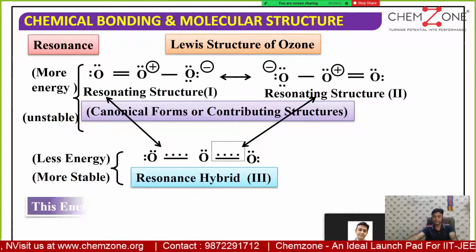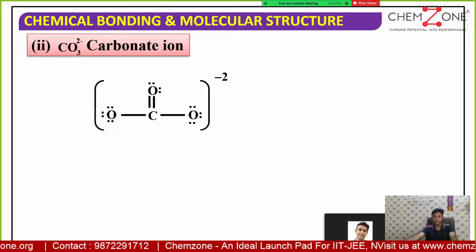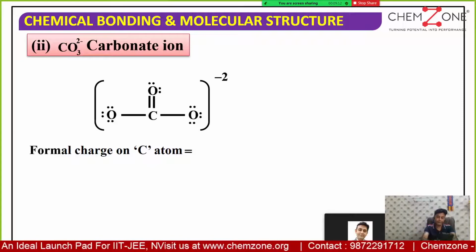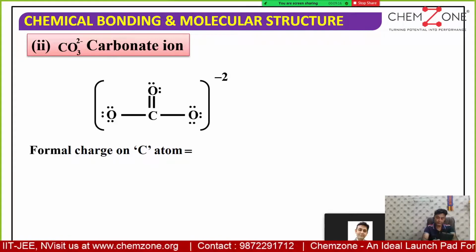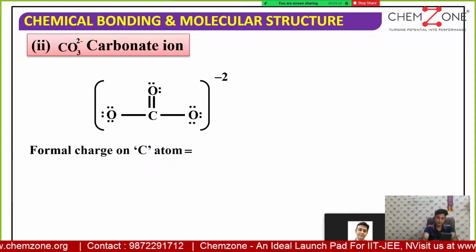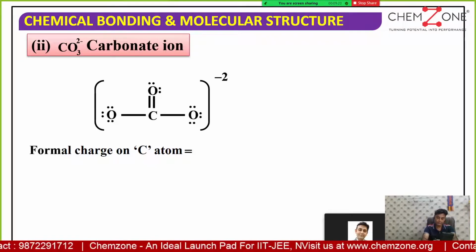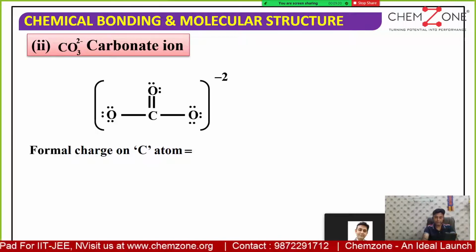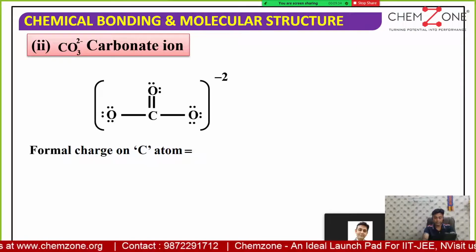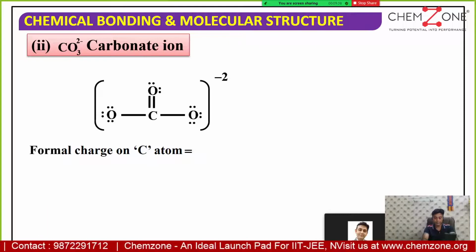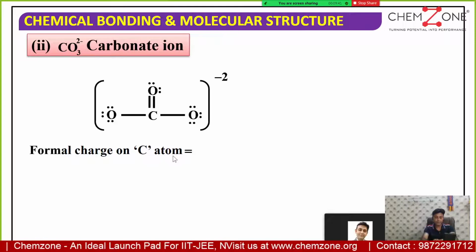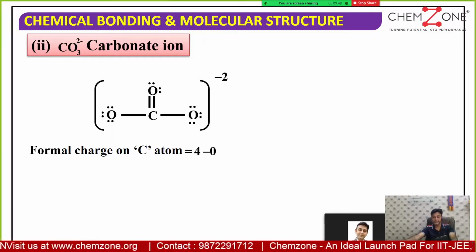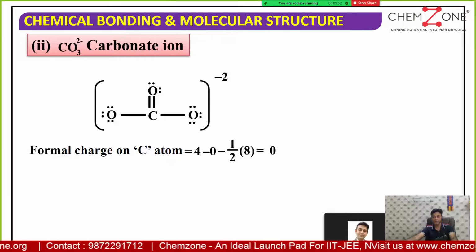Now, leave this part. Calculate the formal charge on the carbon. 0. 4 minus lone pair, which is 0, minus bonding 8 electrons halved, is 0.